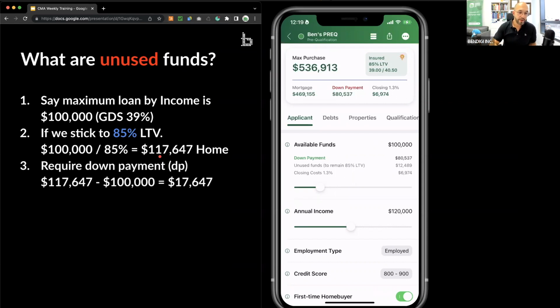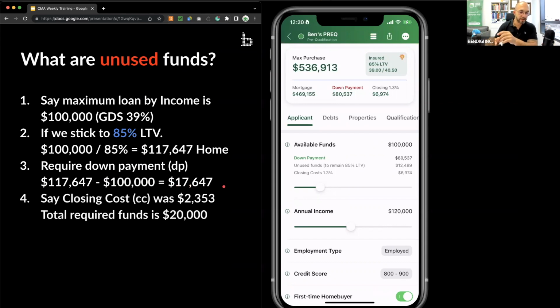Now, the required down payment for that is the purchase price minus my loan from the lender, and it's $17,000. Let's say our closing cost was the change, $2,353.